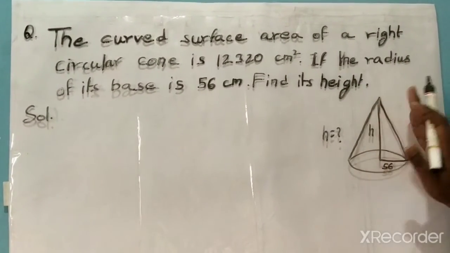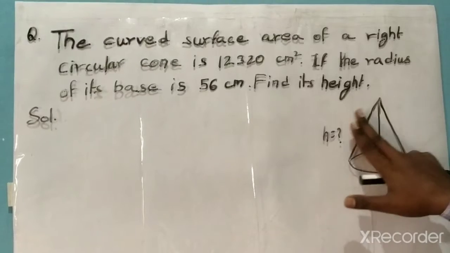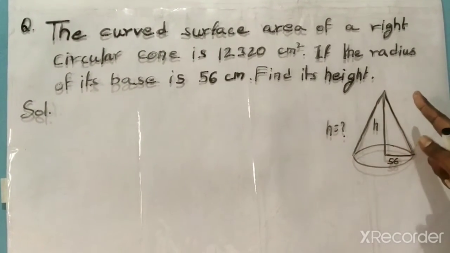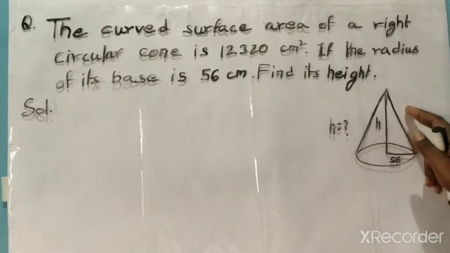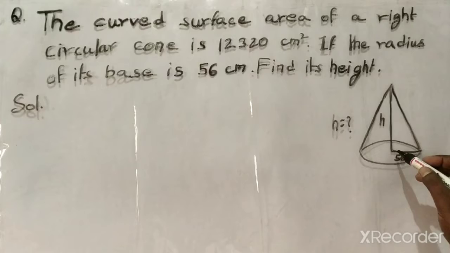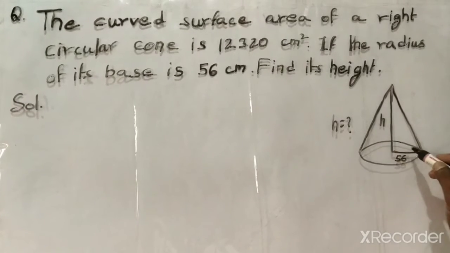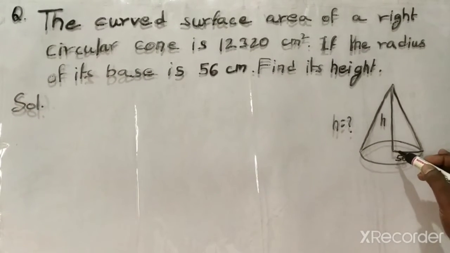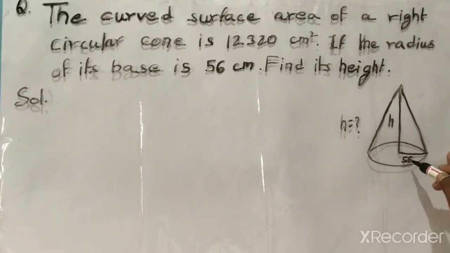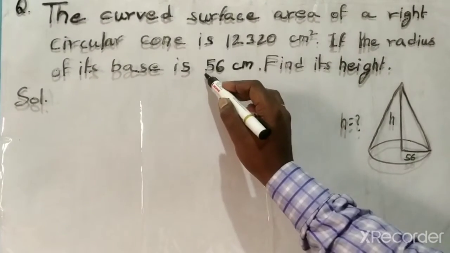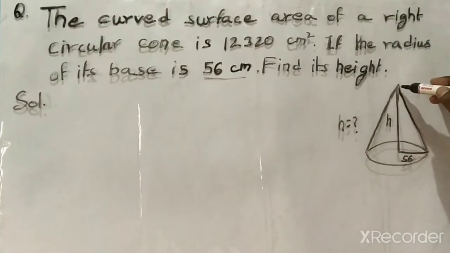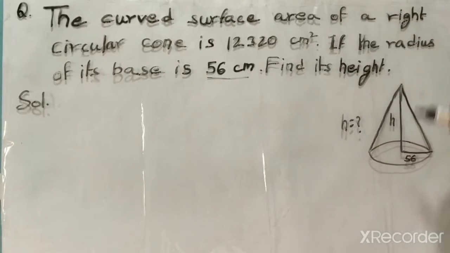This part is the curved area, and its area is given as 12,320 centimeter square. The circular portion at the base has a radius of 56 centimeter. We have to find the height.